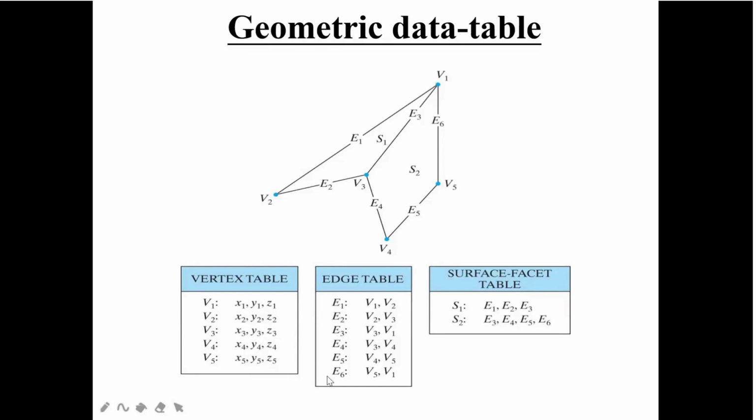I have written all the edges followed by colons, then which vertices each edge joins. Next, I have written the surface face table, which has the surface values S1 and S2, and which edges they are connected to. Instead of vertex points, here I have written the edges.